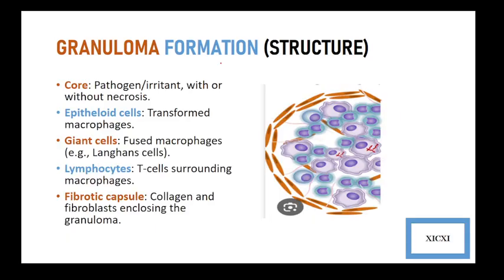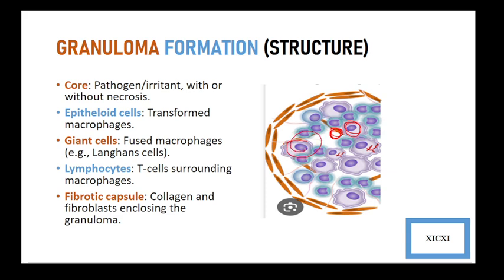So I cannot end without talking about the granuloma structure. In the structure, as we have understood, there is the antigen. This is the antigen. Now it is surrounded by giant cells and epithelioid cells.